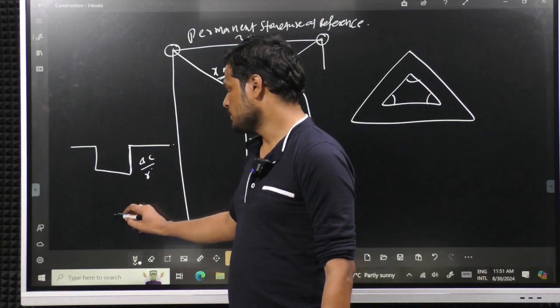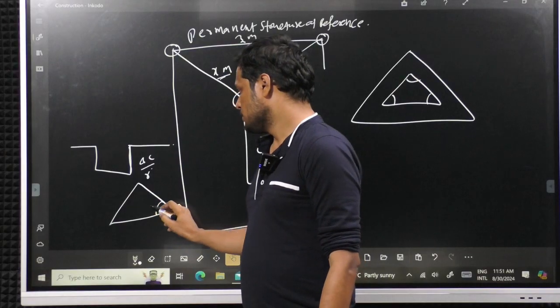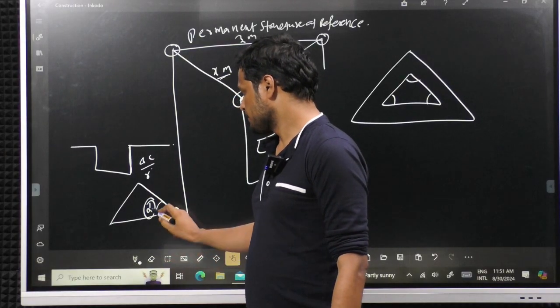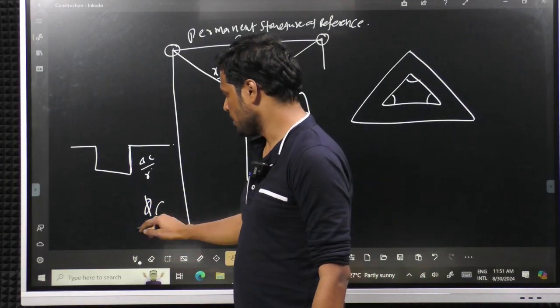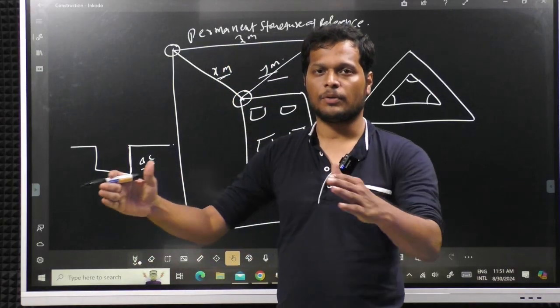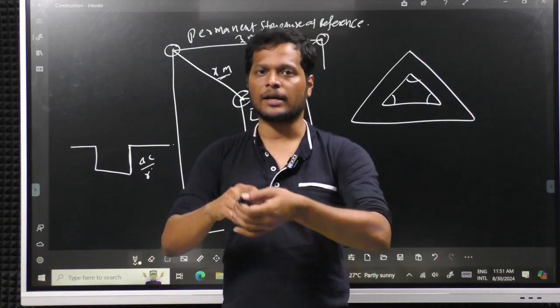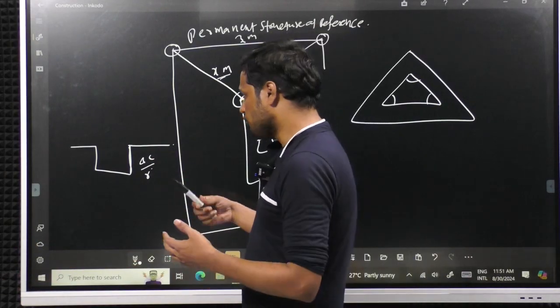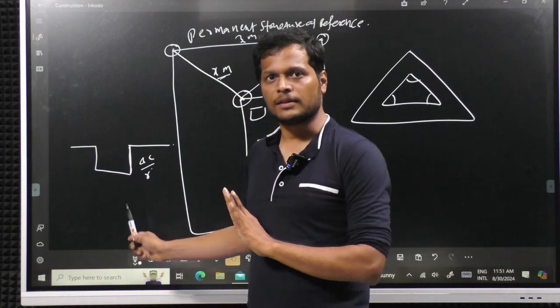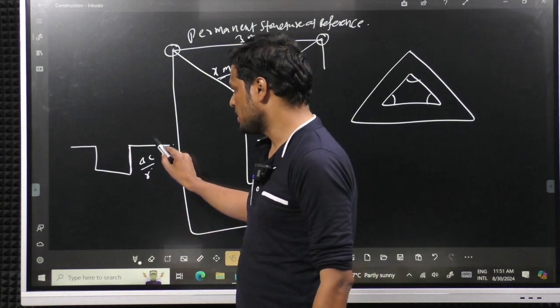Whenever you pour sand, it will stay at its angle of repose like this. Whenever you pour sand in the site, you will see a triangle, and the triangle angle is nothing but the angle of repose of the sand. So if you have stiff clay, then you can do the excavation vertically.